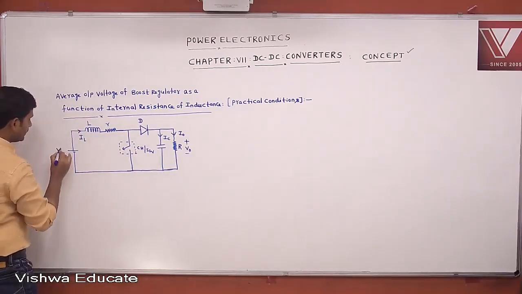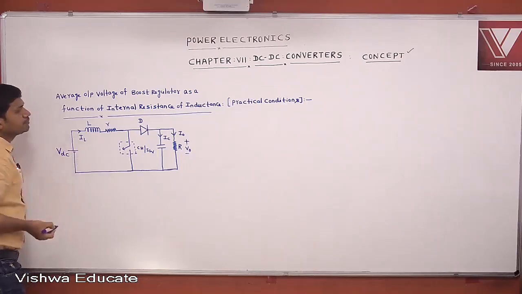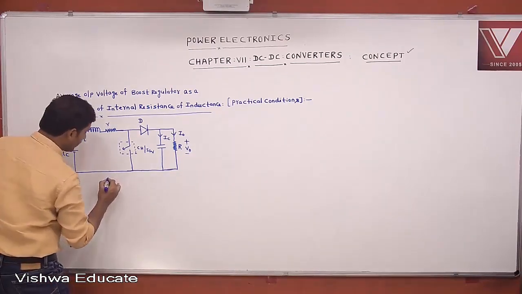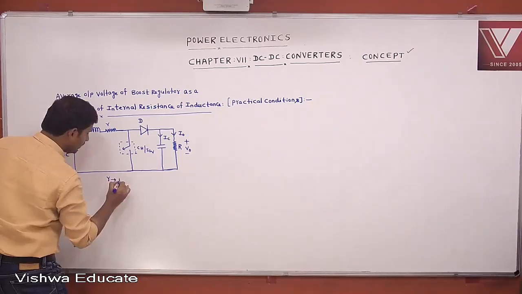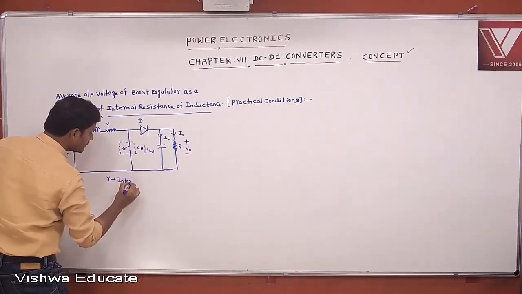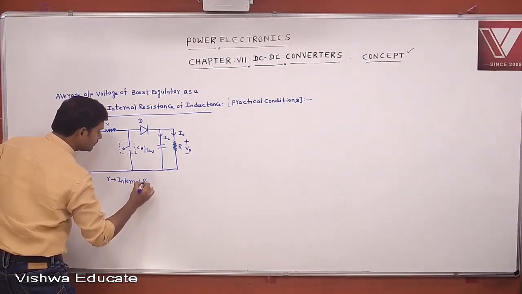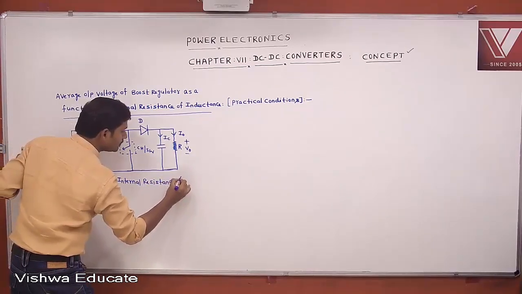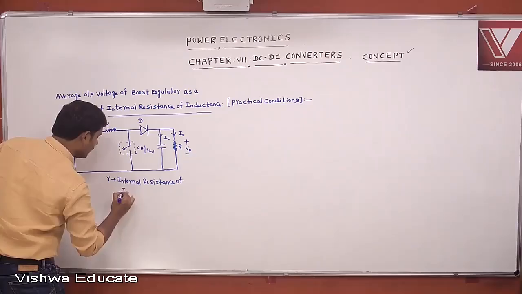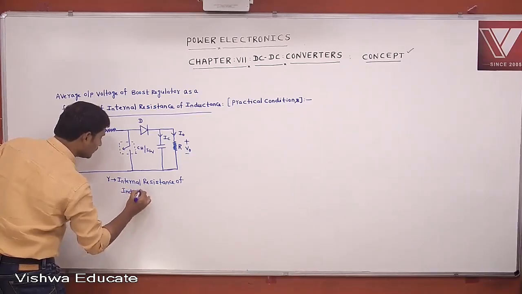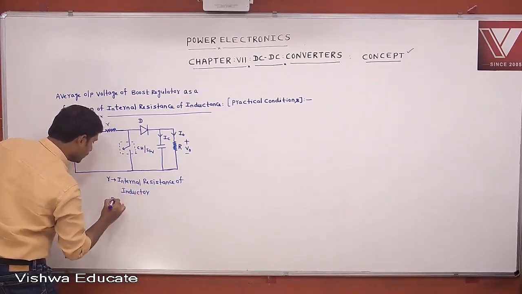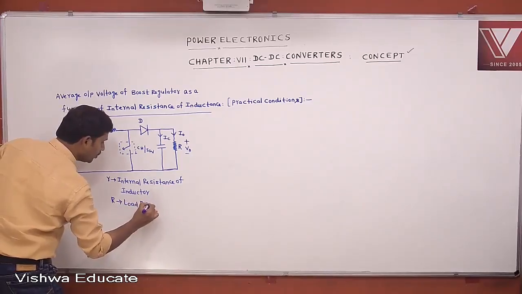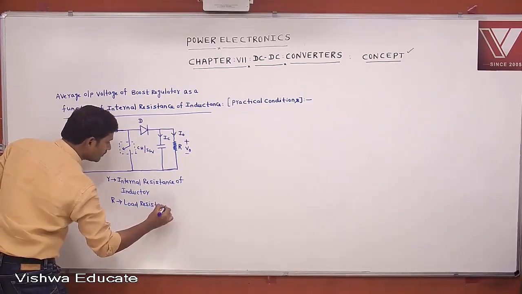Then this is VDC, where small r is the internal resistance of the inductor, and capital R is the load resistance. Okay, load resistance.